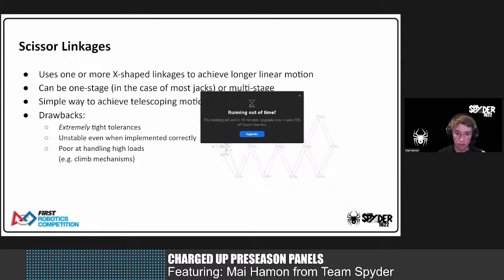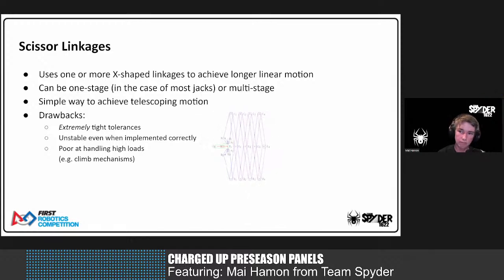These problems, notably, are the fact that they are very difficult to keep stable and very difficult to keep controlled, even whenever they are manufactured very close to within 1,000th of an inch of their intended value. They are also very poor at handling high loads where they buckle or stall.